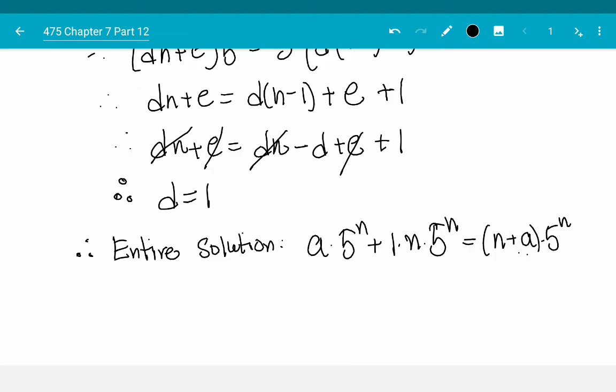And so solving for h of 0, what was my value? 3.